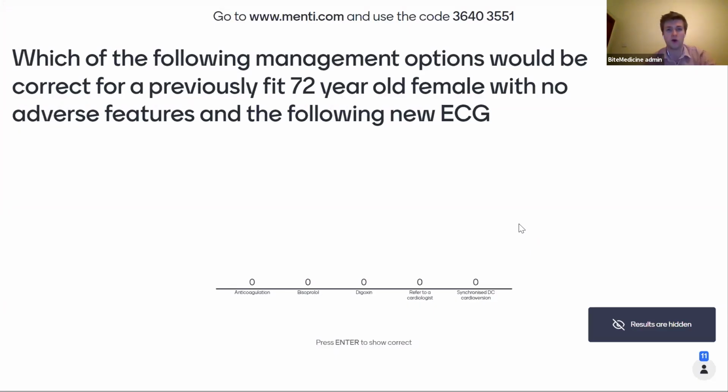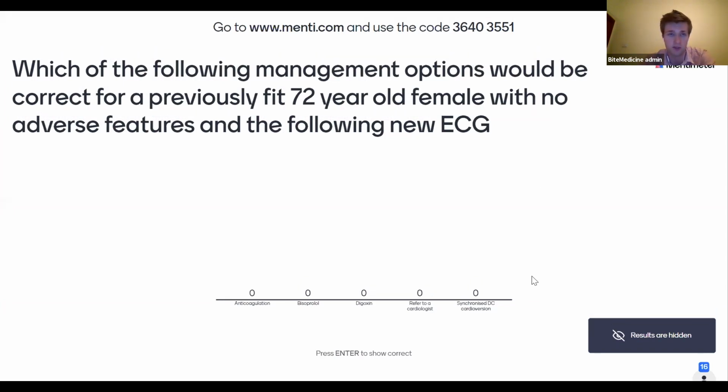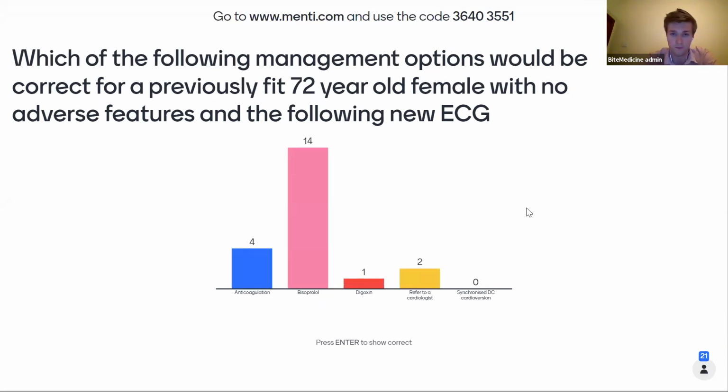So the options here were anticoagulation, bisoprolol, digoxin, refer to a cardiologist, or synchronized DC cardioversion. So what's the most appropriate thing to do? This 72-year-old female with no adverse features and the following new ECG. Let's see what you guys are going for.